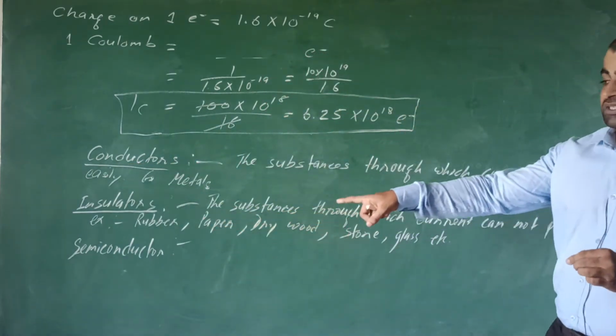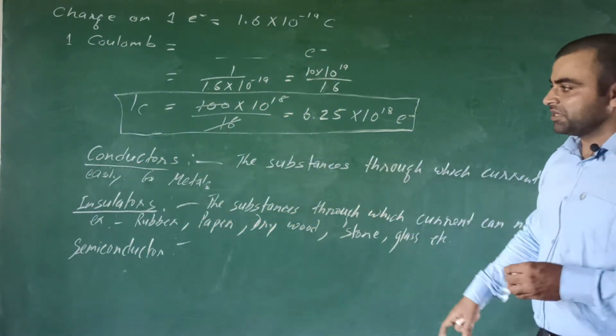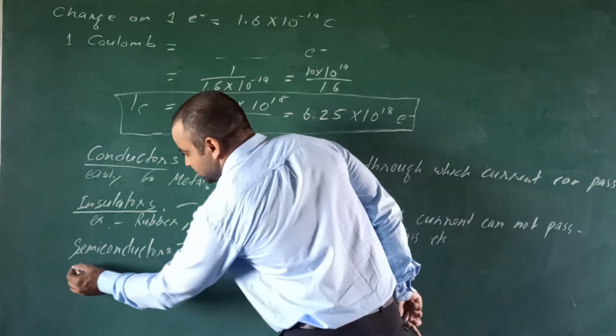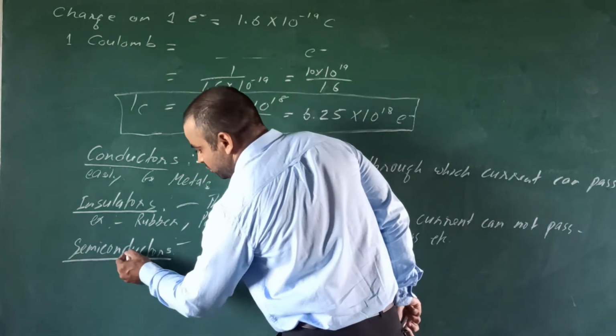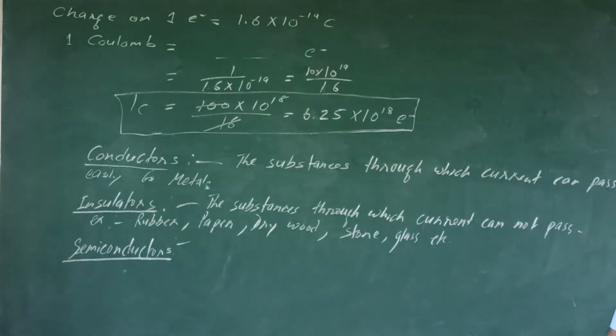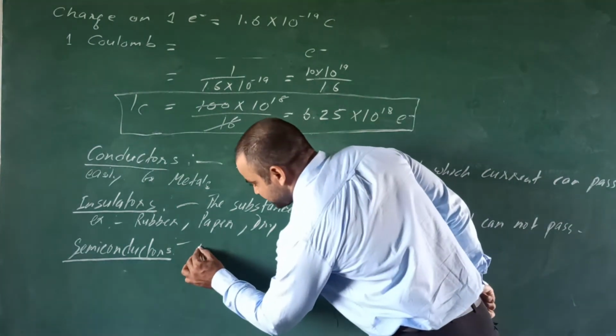Next type is semiconductors. Semiconductors are those substances through which only some amount of current can pass.